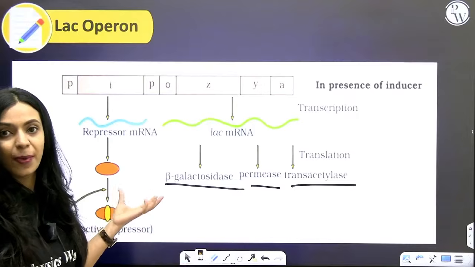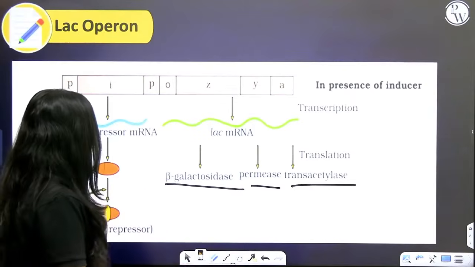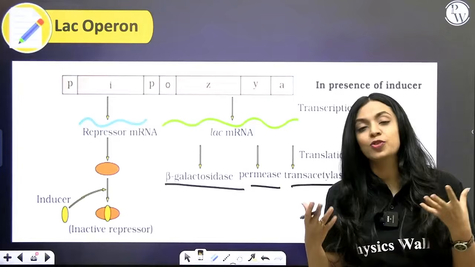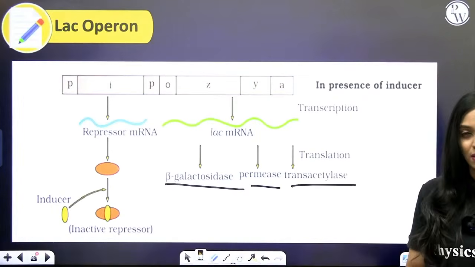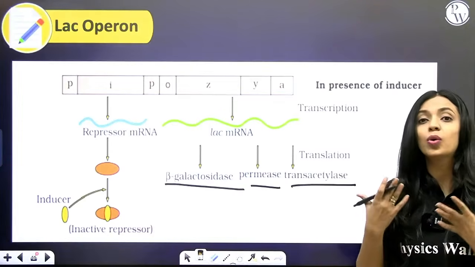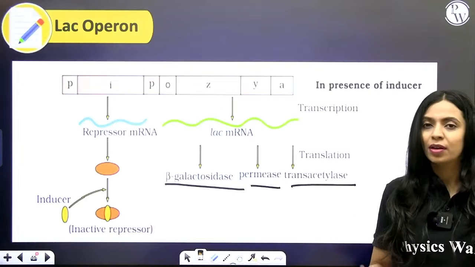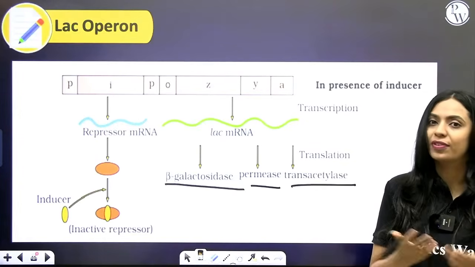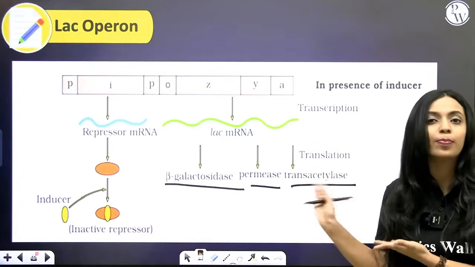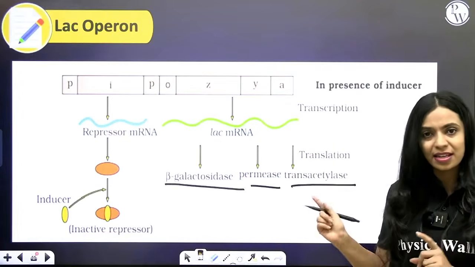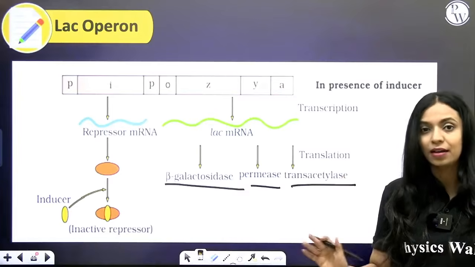I told you this is about metabolism of lactose. They should produce these enzymes only when the medium in which the bacteria is growing has lactose. These enzymes are required for the breakdown of lactose. If there is no lactose in the medium, why should these enzymes be produced? Their job is to break down lactose. If lactose itself is not there, what is the point of the production of these enzymes? In such cases, these genes have to be switched off. They have to be turned off.